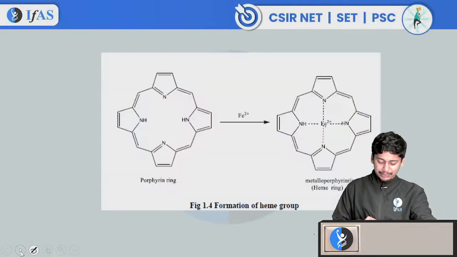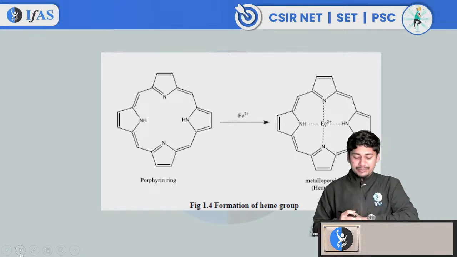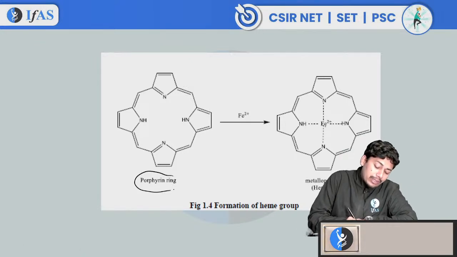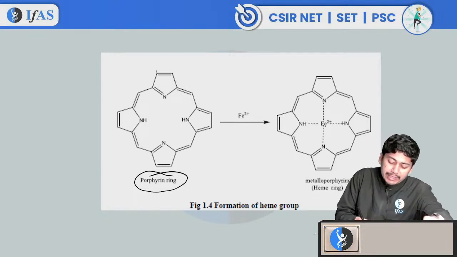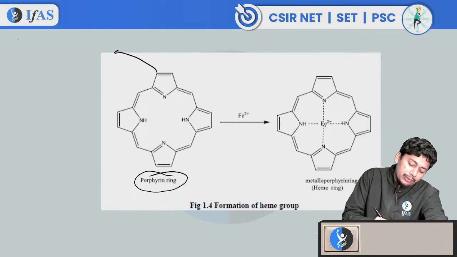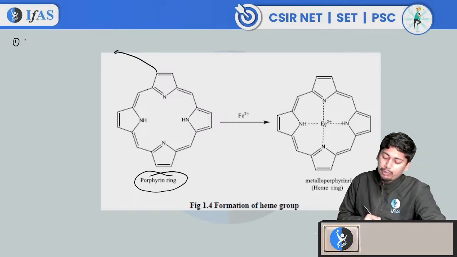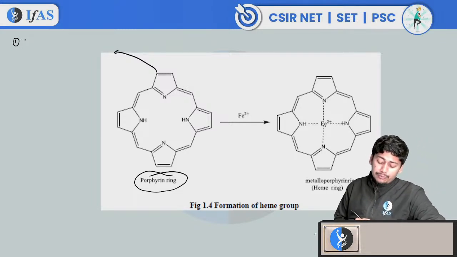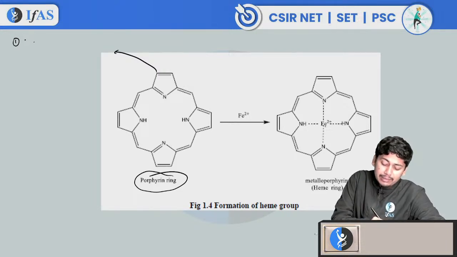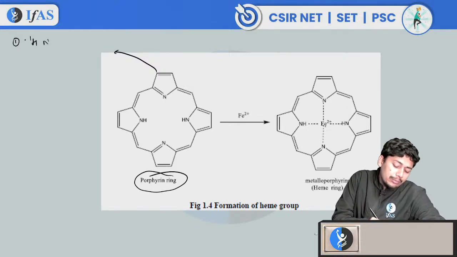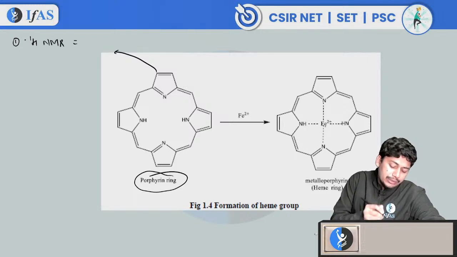So let us continue. Now I will take the porphyrin ring here. If you take its spectral property, let us talk about its spectral property. At first, tell me how many different H1 NMR signals you will get.